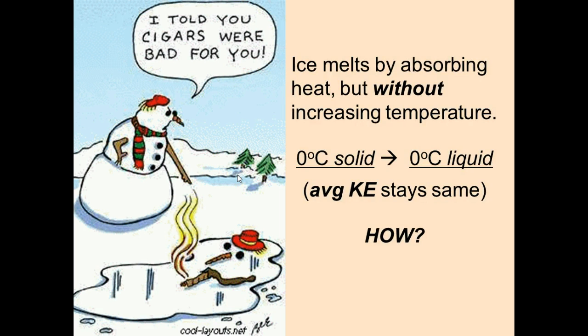And so now we're going to talk about ice melting and substances changing states. And so ice melts by absorbing heat but without increasing temperature. And how can that happen? So like, how can you increase energy but not increase in temperature? But the change is how much potential energy is changed.